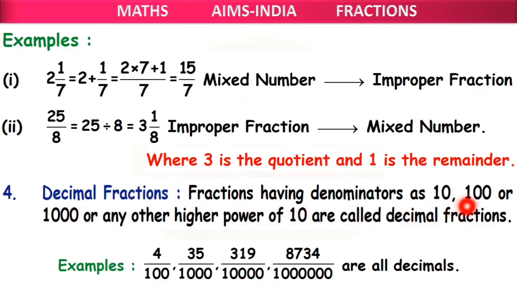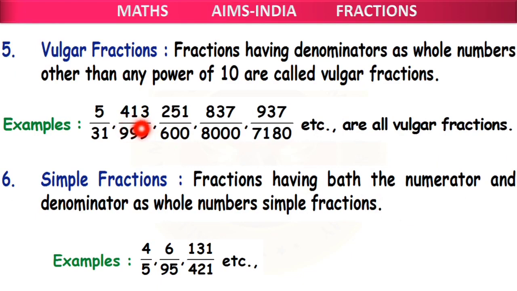Fractions having denominators as 10, 100, 1000 or any other higher power of 10 are called decimal fractions. And vulgar fractions are those fractions having denominators as whole numbers other than the power of 10. If it is not a decimal fraction, then it will be a vulgar fraction.